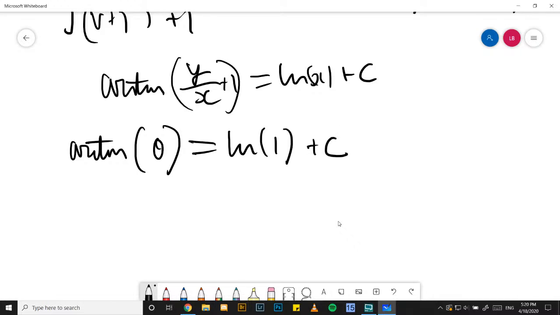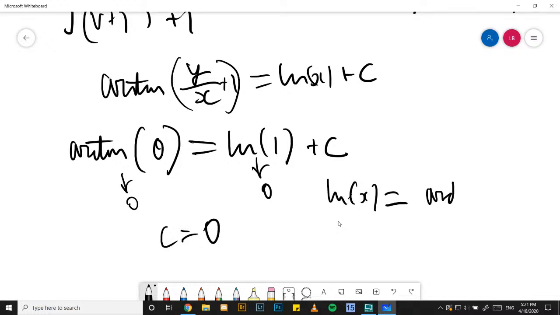Note that ln of 1 is 0, and arctan of 0 is also equal to 0, so hence c is equal to 0. So your function is ln of x equals arctan of (y over x plus 1). That's what your function looks like.